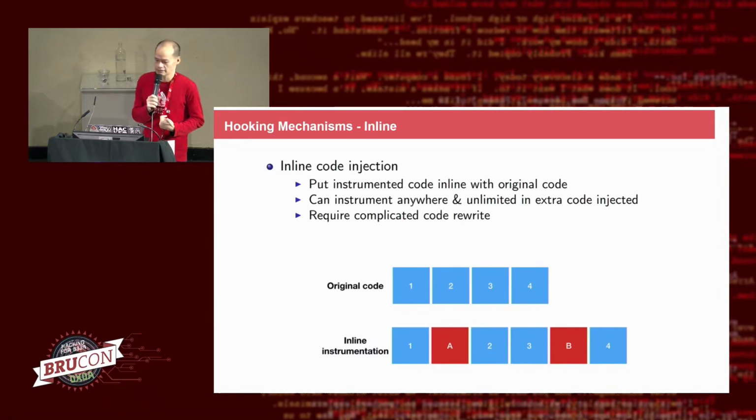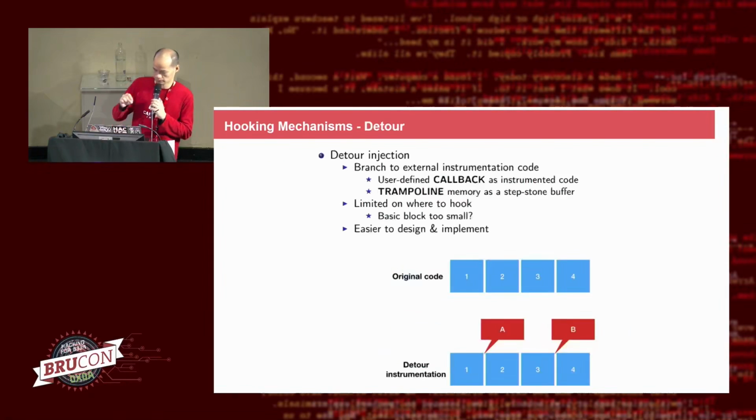However, this technique is very complicated because when you directly inline our own code with the original code, we shift all the code behind it around. For example, we shift the position of 2, we shift the position of 3 and 4. And some code, when you shift its position, doesn't work as the original anymore. So we do not focus on this technique in our DBI framework.